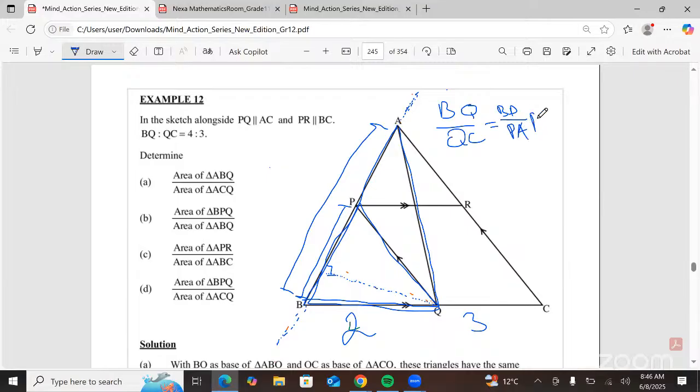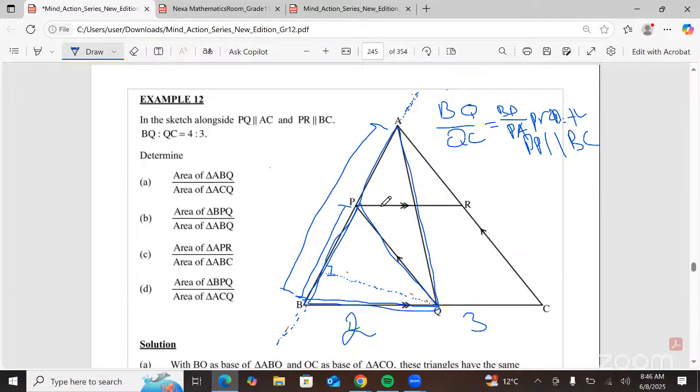That is the proportionality theorem, and then you state your parallel lines there, that PR is parallel to BC.